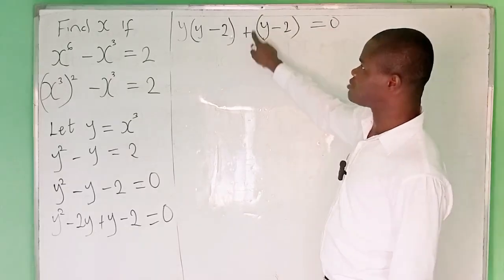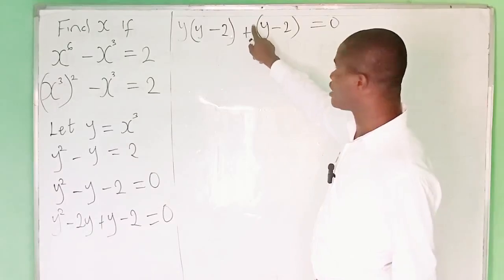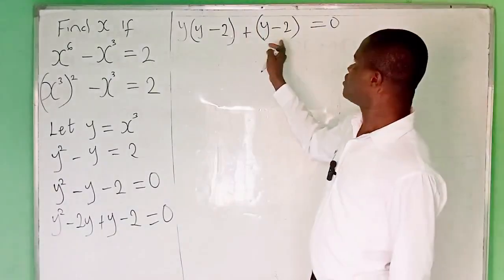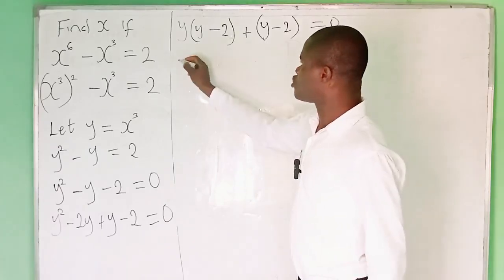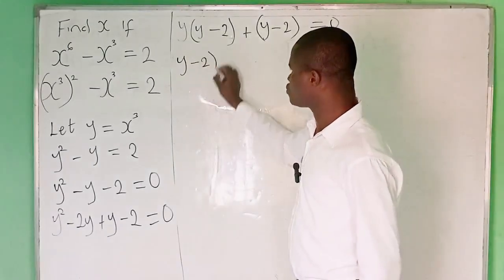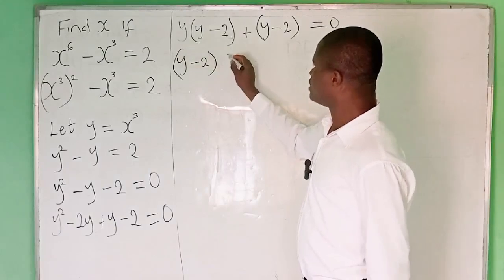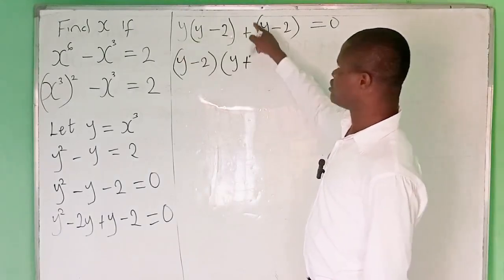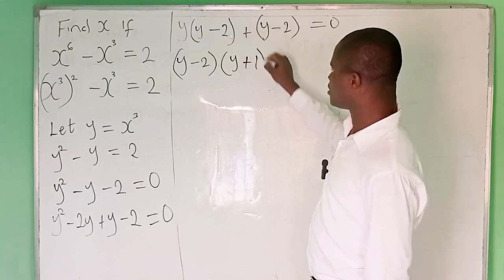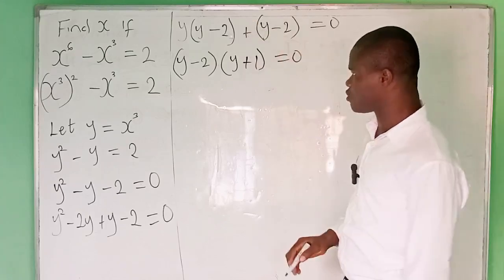There is an invisible 1 here. Since this bracket and this bracket are the same, I'm going to factor it out. It becomes y minus 2, then open another bracket: what is here is y plus the invisible 1, equal to 0.